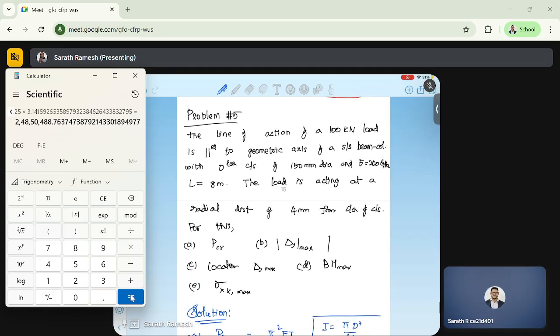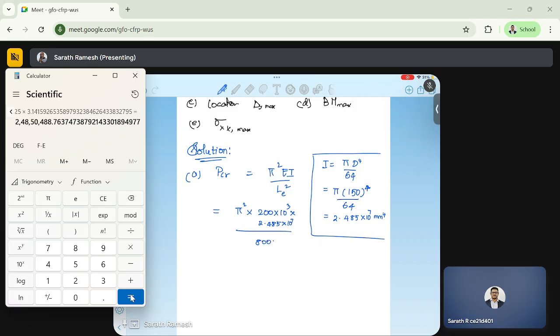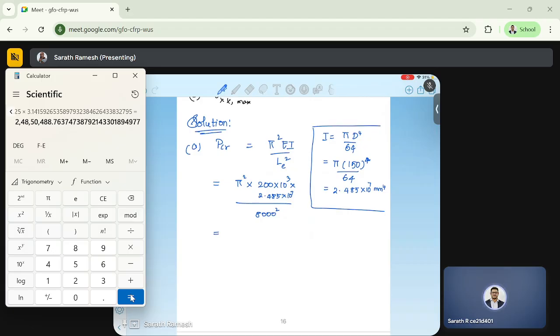LE is 8 meters, so 8000. Simply supported, so LE is L. So this gives us 200 into 10 power 3 into 2.485 into 10 power 7 into pi divided by 8000 square, which is 766.45 kilonewtons. So this is the first subdivision.